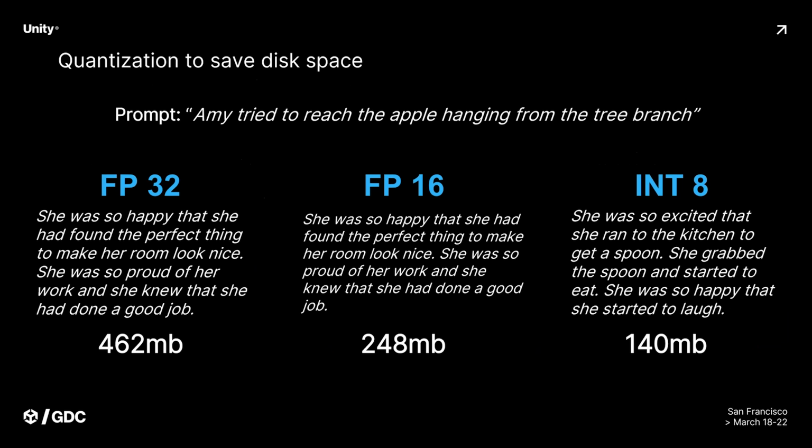Even though those models were not very heavy, around 500 megabytes, which is like a big texture, you could try quantizing the model to save on disk space. This is an example of how quantizing actually works for the language model.